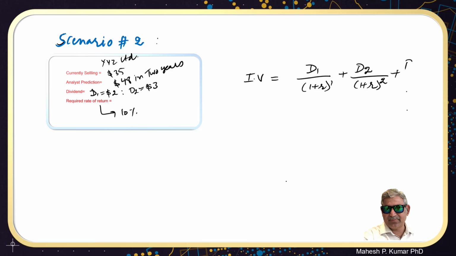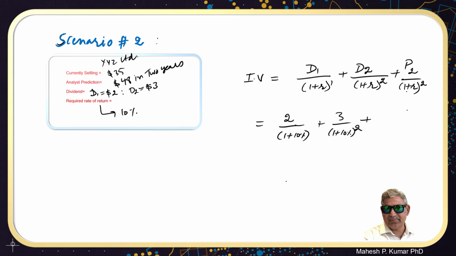Then after 2 years we will also receive the price by selling this share, also known as the terminal value, and that would be discounted at the required rate of return for 2 years. So these are the calculations we have to do. The first year dividend would be discounted at 1 plus 10% for 1 year. $3 would be discounted at 1 plus 10% for 2 years.